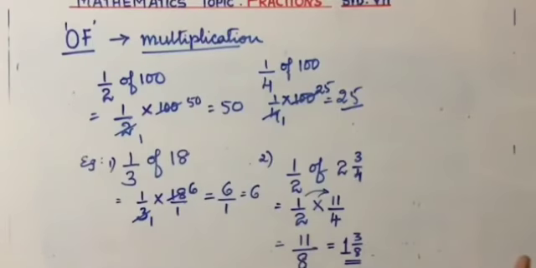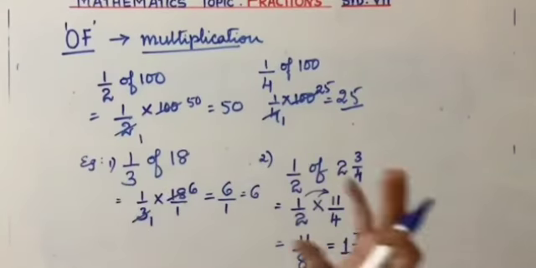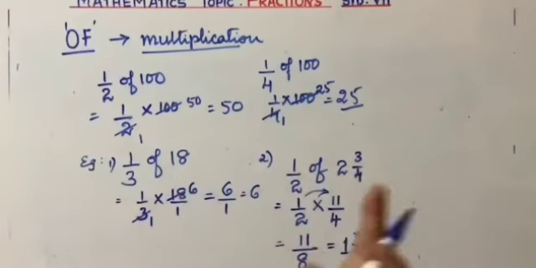Multiply all the numerators, multiply all the denominators. But before that, see wherever you can cancel and make the fractions as simple as possible. Otherwise, you will get huge products, huge numerators and huge denominators. So, to avoid that, simplify. Okay, now, I hope you have copied. Please copy it.